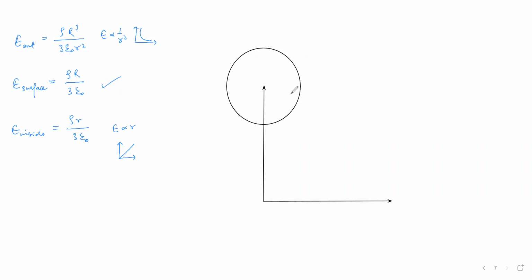This is your sphere. Up to the radius capital R, your graph is directly proportional, so it is like this. But after that, your graph will be hyperbolic. Note it down, please.